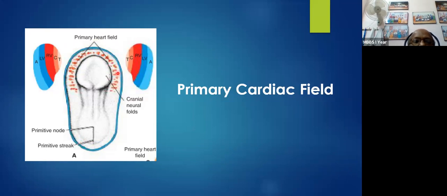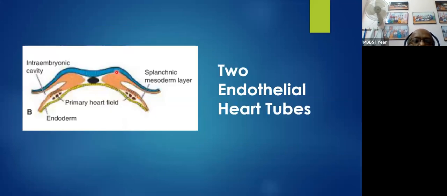Now in this cardiac field, you will have formation of two endothelial heart tubes. That is important. See this picture, that is your coronal section. If you make the coronal section here, you can see this. This is the intraembryonic mesoderm. This is the intraembryonic coelom. Already you know that the lateral plate mesoderm in communication with the endoderm is called the splanchnopleuric layer.